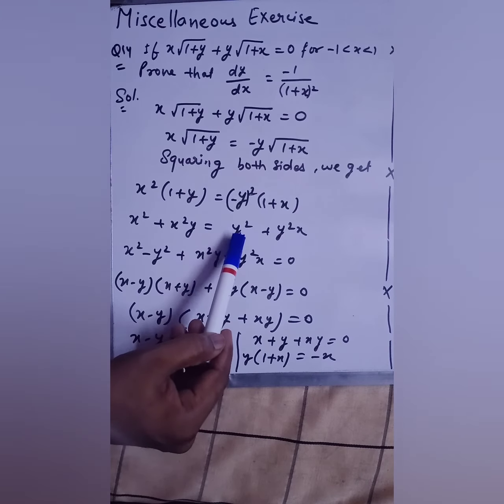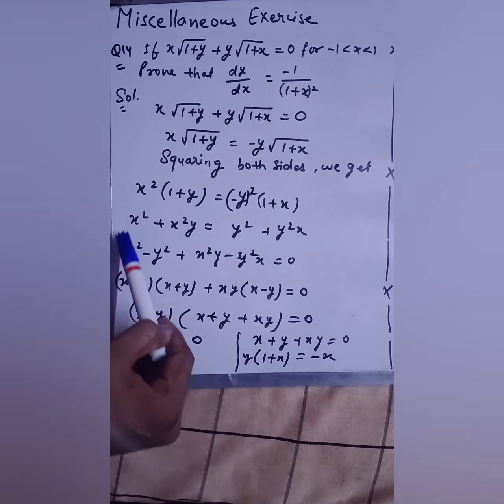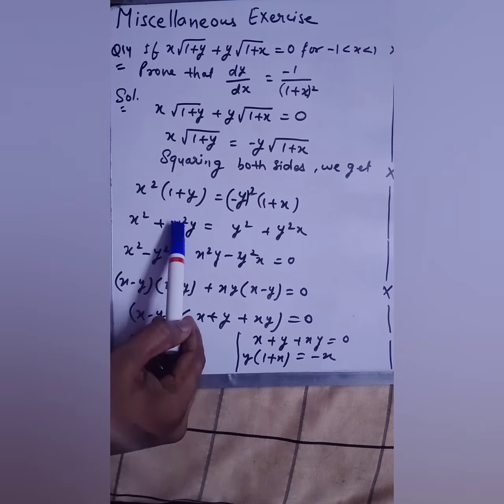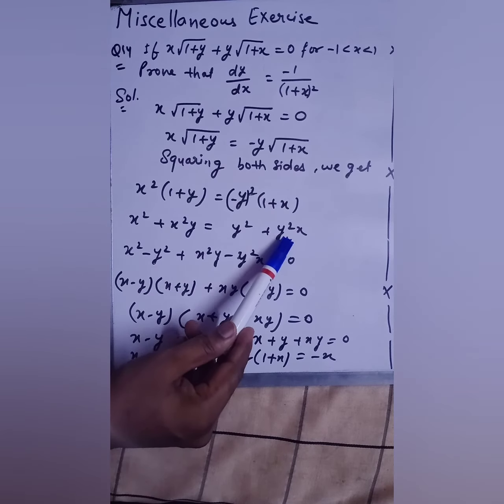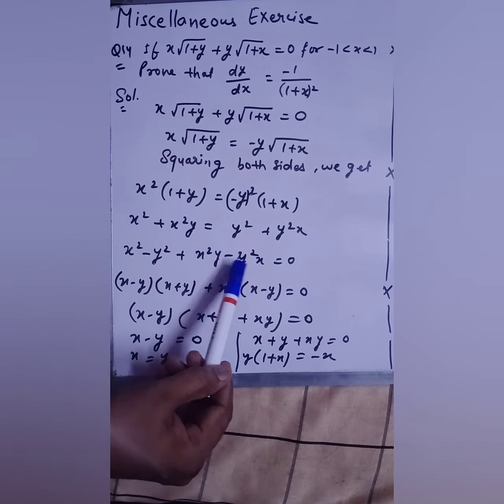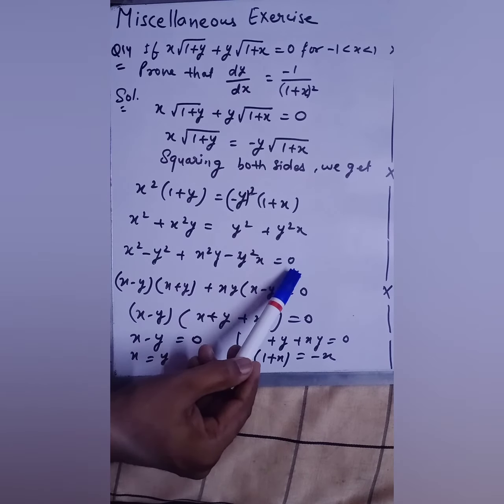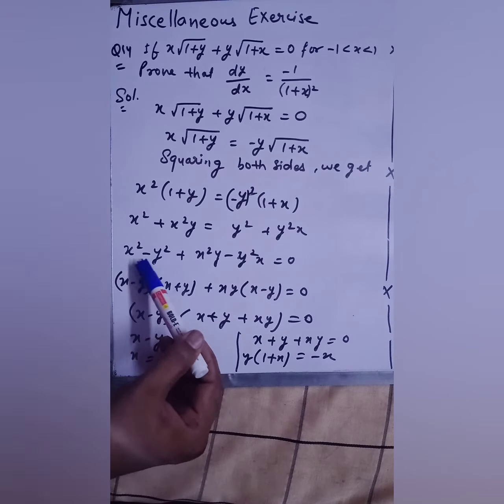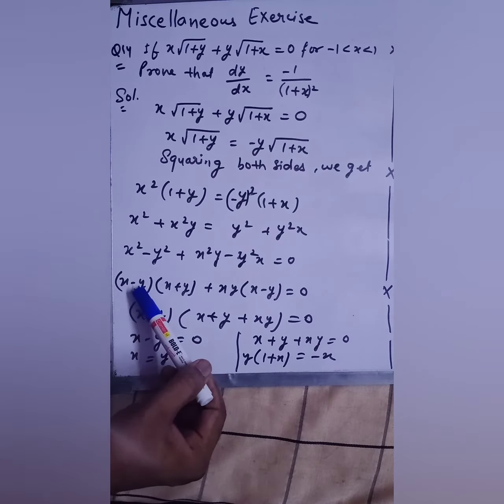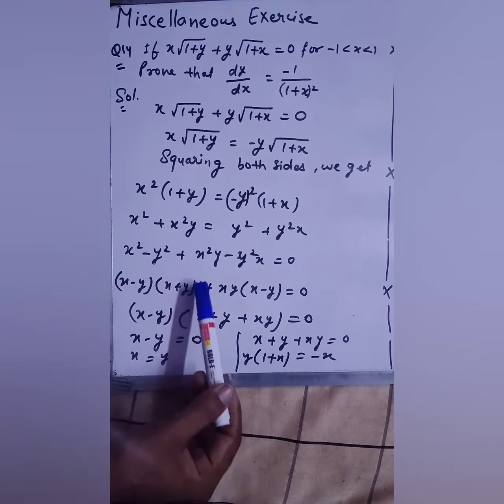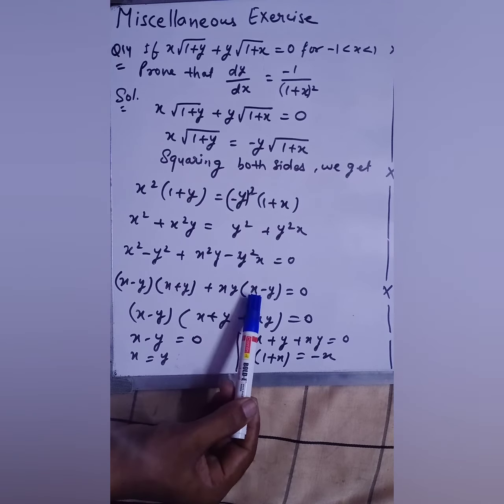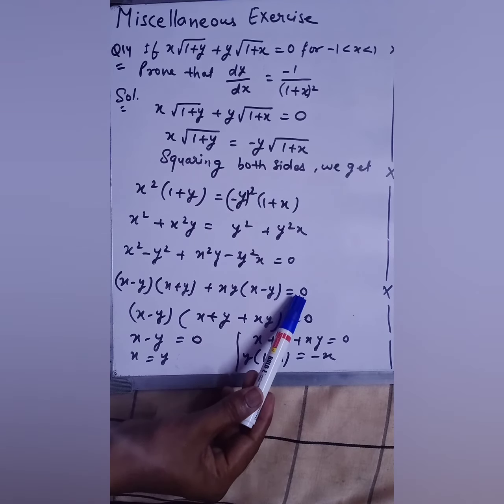In the next step, we are bringing this y² here. This will be x² minus y², and you have to take the other term on the left hand side. So this will be minus y²x, and that is equal to 0. Fine. After that, this can be done as x² minus y² will be (x-y)(x+y), plus, and from these two we can take common xy, and you will get (x-y) only, which is equal to 0.